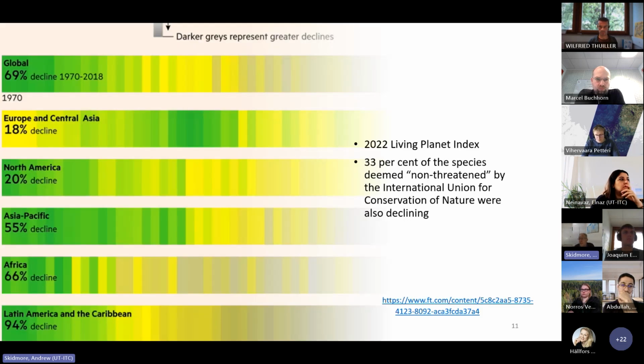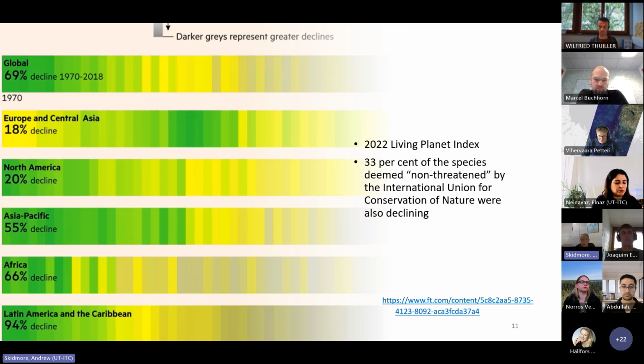More recently, the Living Planet Index was mixed up with the use of the IUCN estimates of extinctions and declines in populations. So typically they were saying, with the Living Planet Index, what was happening in terms of declines.